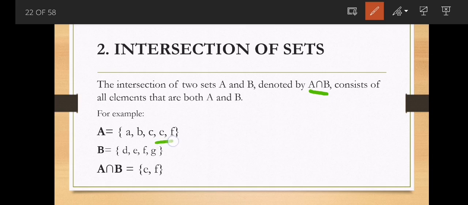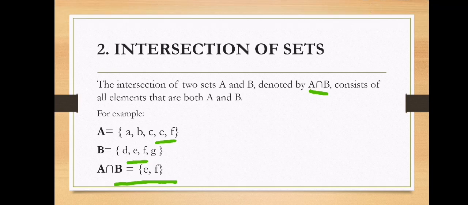So ang magkapareha dito is letter E and F. So that is why our A intersection B is equals to E and F.